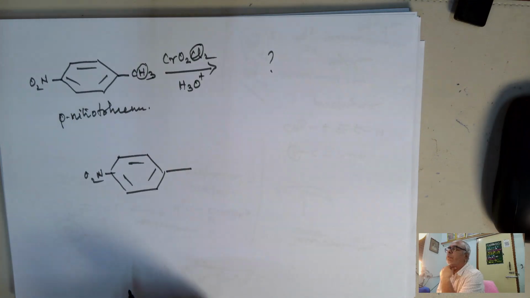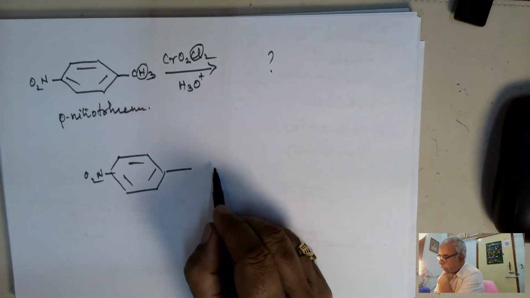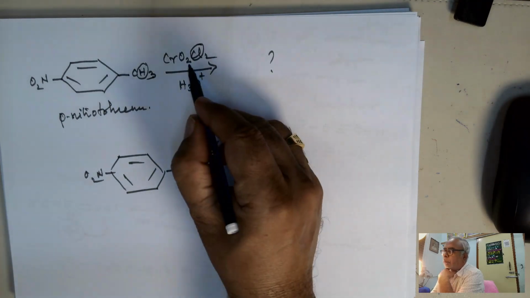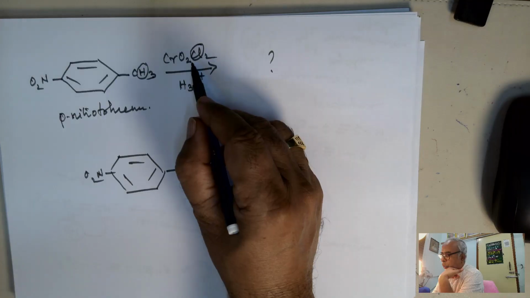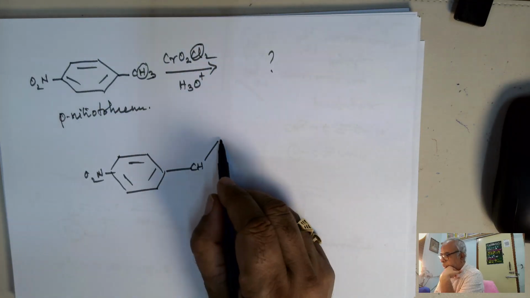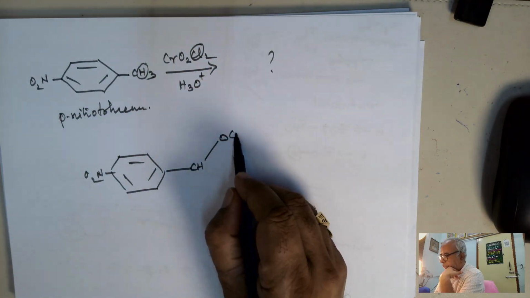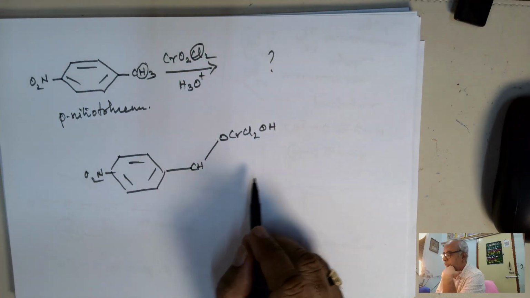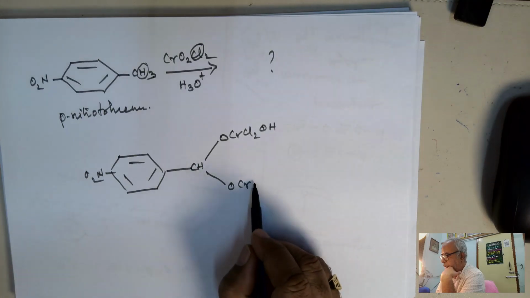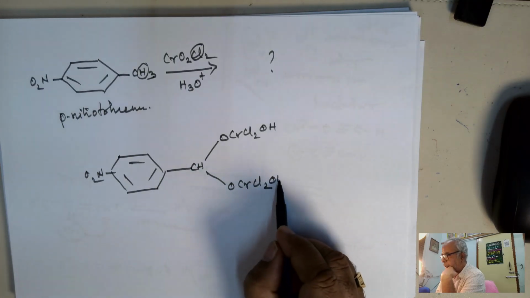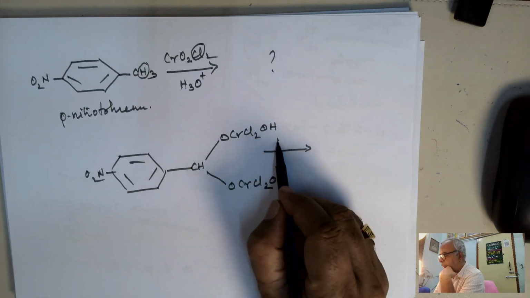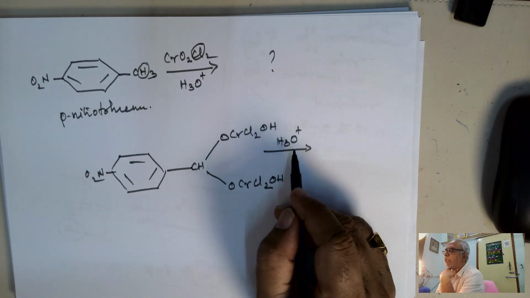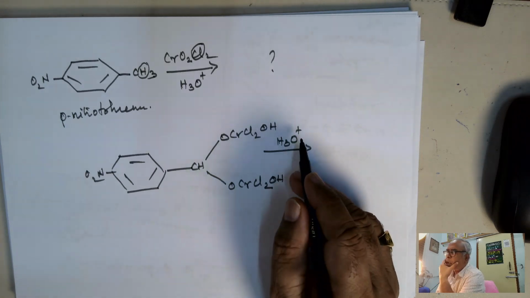So this gives CH, and now you have this O, it is routed through O. So O, and then Cl, Cl2, OH, because it is hydrated. And here O, Cl, Cl2, OH. And on further protonation, hydrolysis, H3O plus means hydrated water, means protonated water.